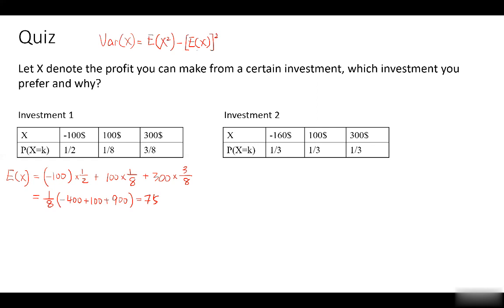Here we have already calculated EX, and let's put another row denoting X squared. When X is minus 400, X squared is 16 times 10 to the fourth. When X is 100, X squared is 10 to the fourth. When X is 300, X squared is 9 times 10 to the fourth, right?